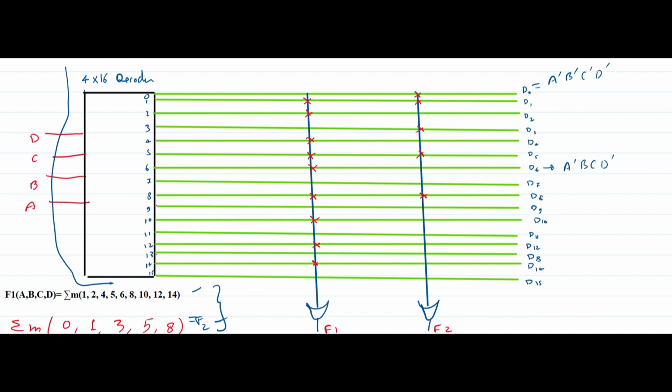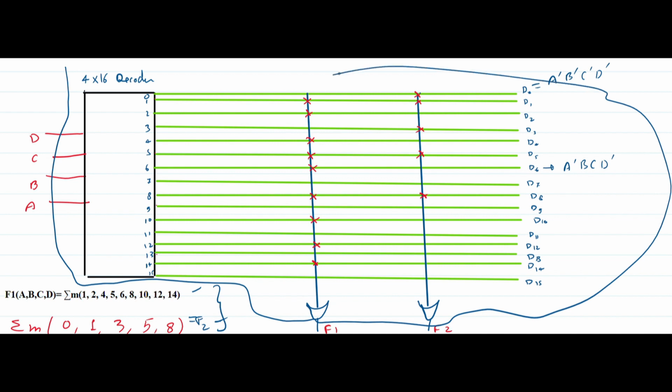See, if you see inside this box, input is ABCD, output is F1, F2, and inside is ROM as PLD. So this is all about the basics of PLDs and how to use ROM or PROM as PLD.